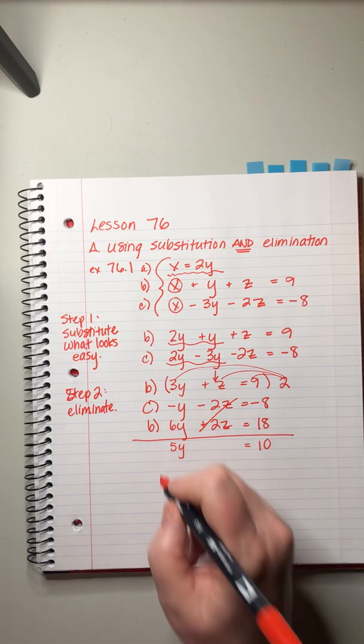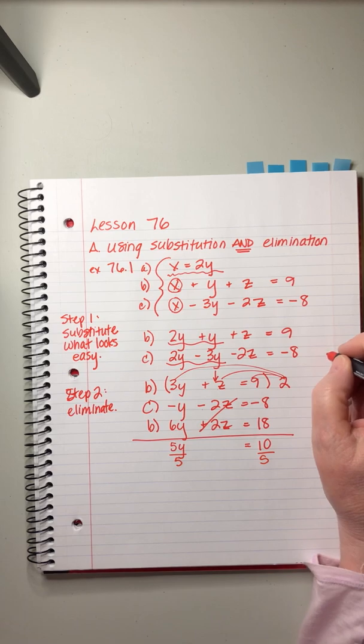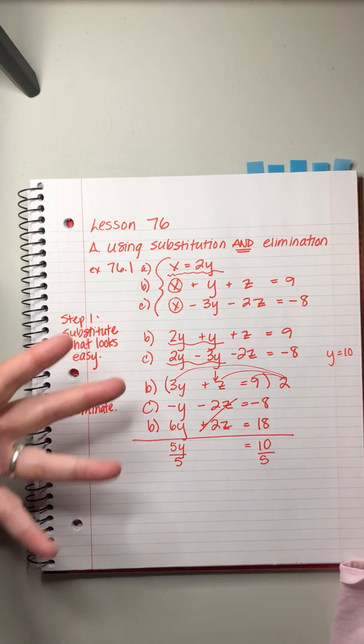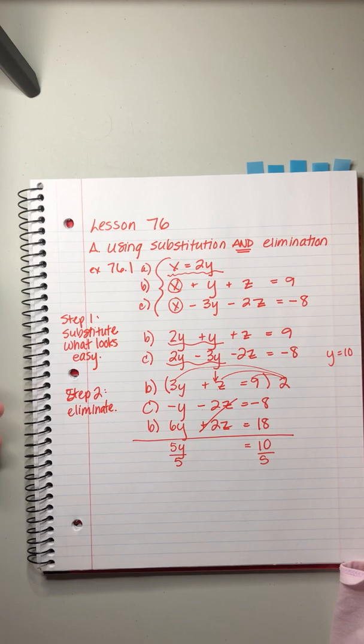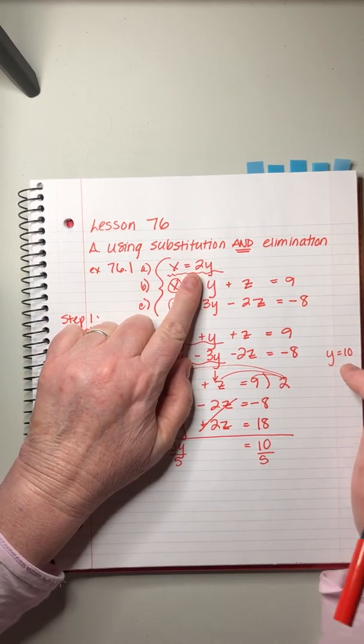Oh, y equals 2. Well, that was delightful, wasn't it? Now we look back through all of our equations and say, okay, what else can I find out that's simple? My eye goes right back to this one: x equals 2 times y.